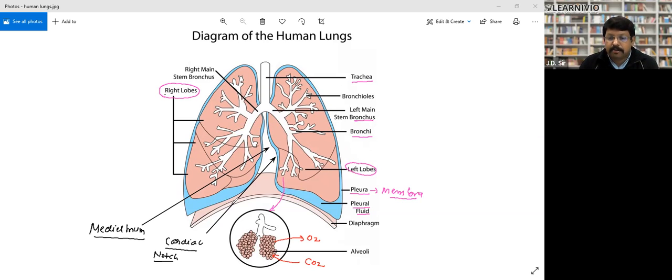Alveoli are balloon-like structures where exchange of gases takes place.